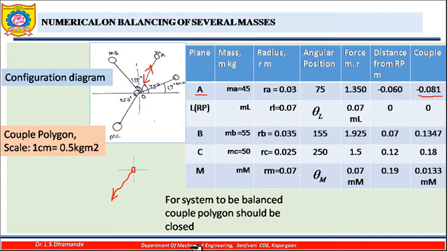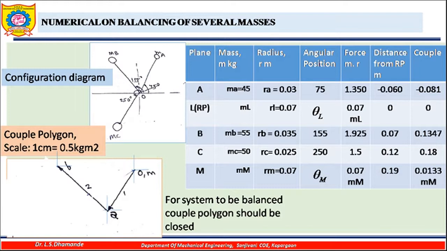So with that view I will try to draw this couple polygon. The first vector will be drawn from this starting point, considering this as O to A. So O to A, I will draw the first vector for the couple due to mass A.